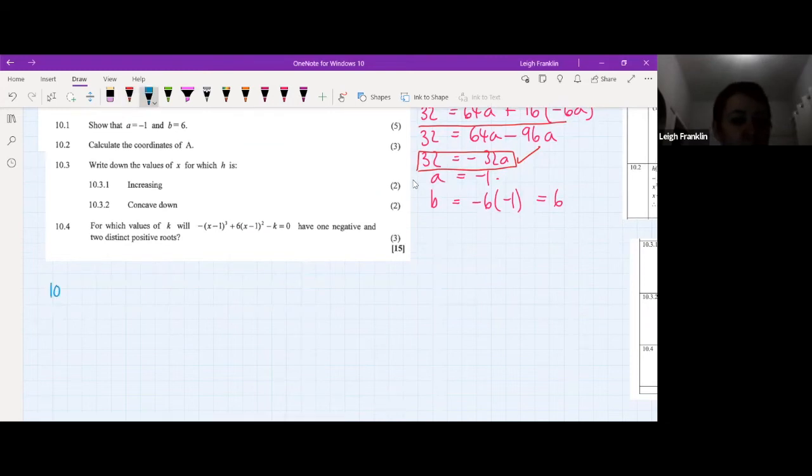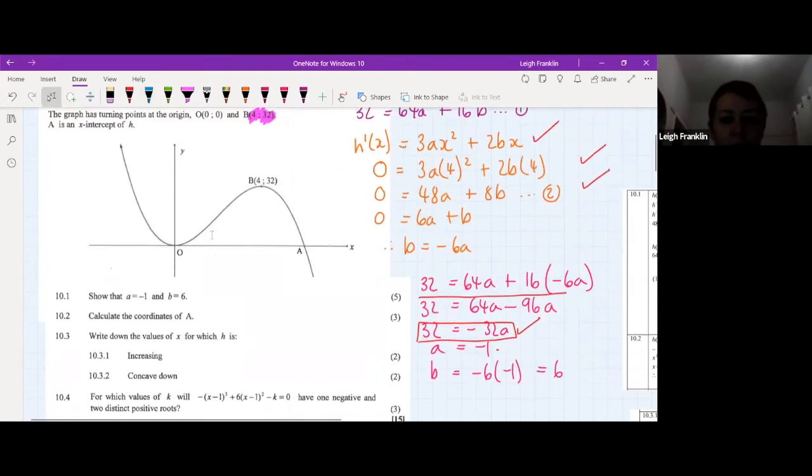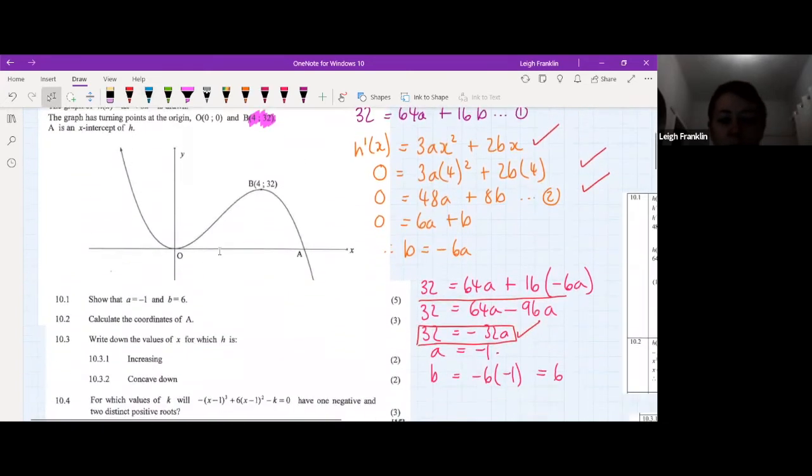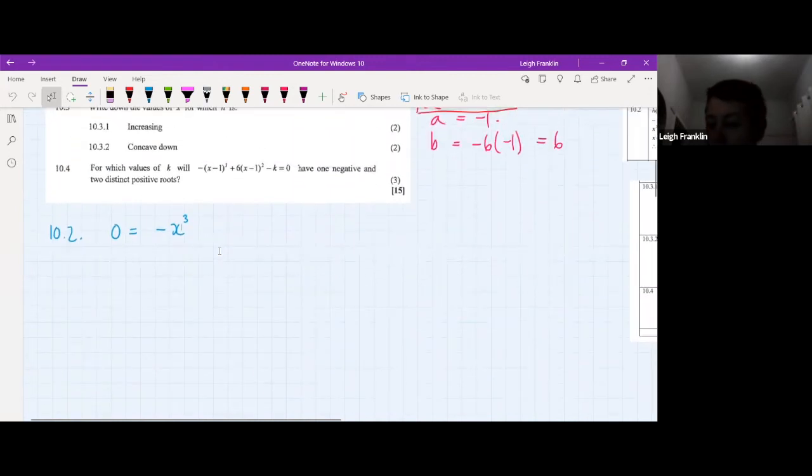So we've got 0 equals minus x cubed, was it plus? Yes, plus 6x squared. So there has to be a mark on that line for making y equal to 0.